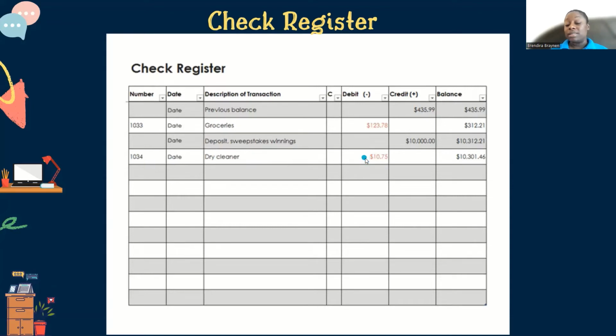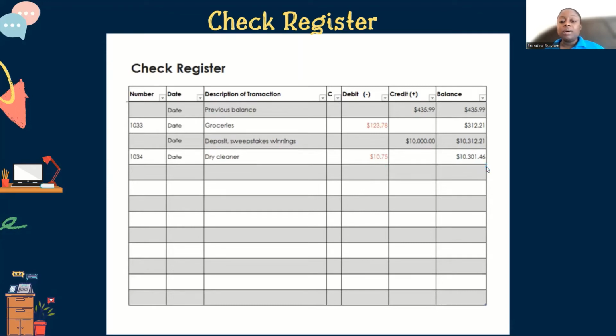Again, checks are going to take away from the balance I have to use in my account. And so therefore, I'm going to reduce my balance by $10.75, leaving me with available funds of $10,301.46.